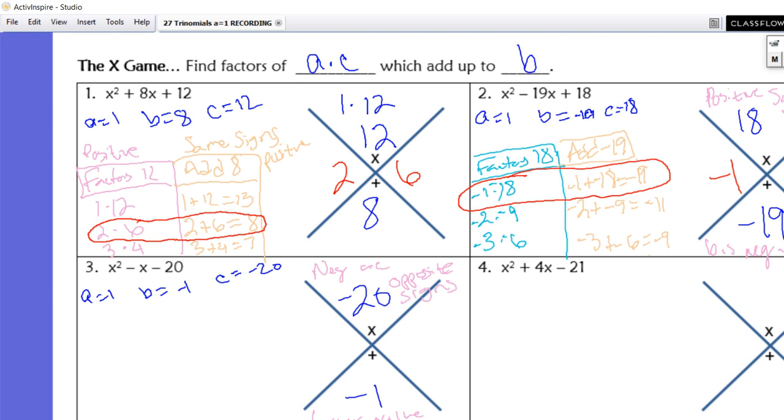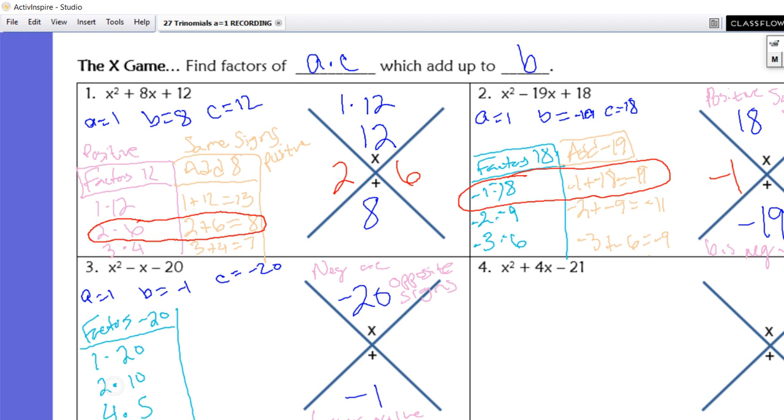So when I'm thinking through this, remember there's going to be two numbers that multiply together to make negative 20, and whichever one of those digits that we figure out is the larger one, that's the one that gets the negative sign. So let's think through this. So we're doing factors. These are ways to multiply to negative 20. So our factors for negative 20 are 1 times 20, 2 times 10, 4 times 5.